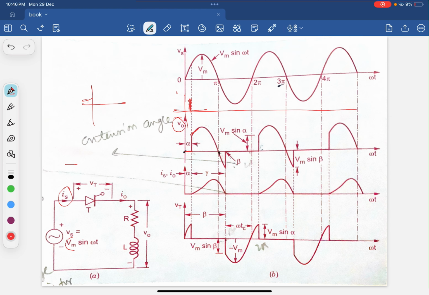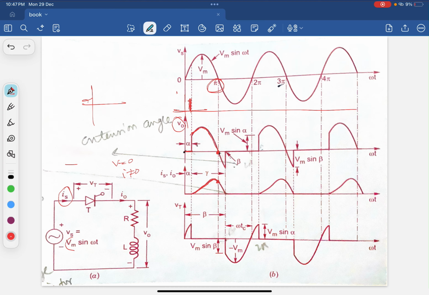Here it rises and reaches 0 at pi. At the pi instant it reaches 0. But if you look at the load current, it rises here and at the instant pi it is not 0. That means voltage is 0 but current is not equal to 0.